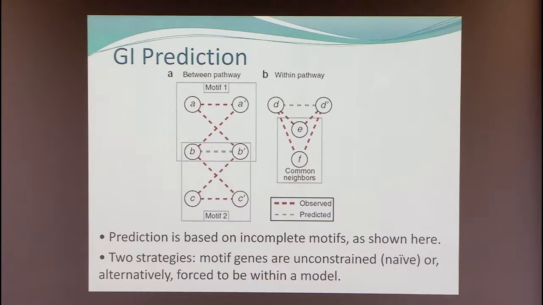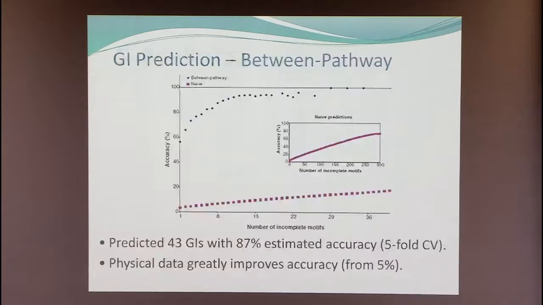While for the within pathway model, if you identify a dense complex that has a lot of genetic interactions and one is missing, based on the support for this interaction, how many other genetic interactions there are in the complex, you would think that maybe this interaction is correct. And so they did this prediction, and these are just the results for the between pathway.